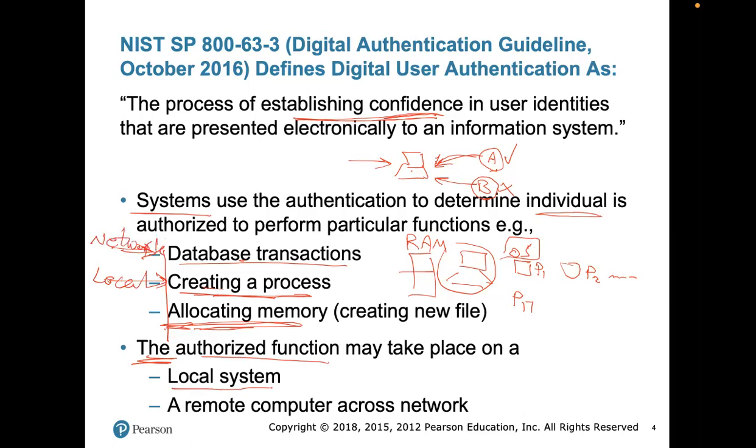So authentication is the process of establishing confidence in order to give permission to an individual to perform some particular functions. The functions might be performed either locally or somewhere else over the network.